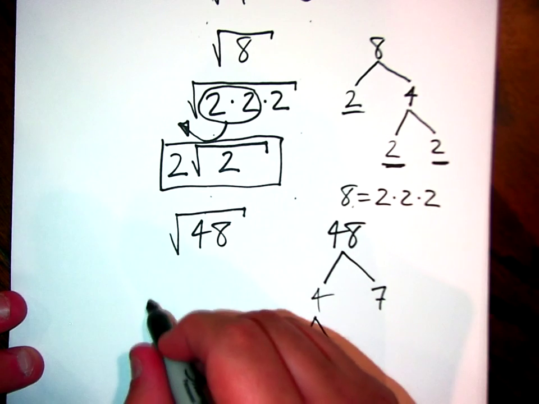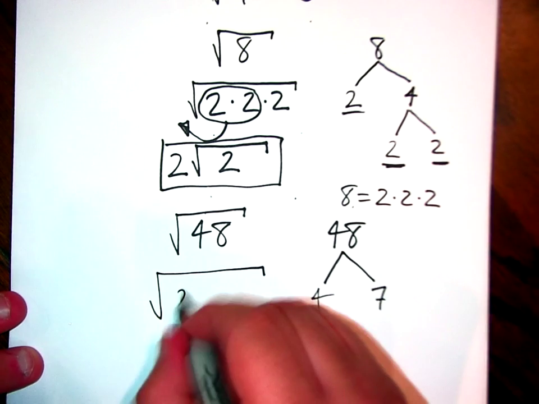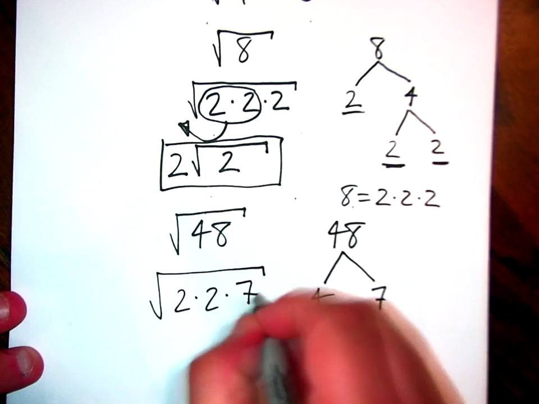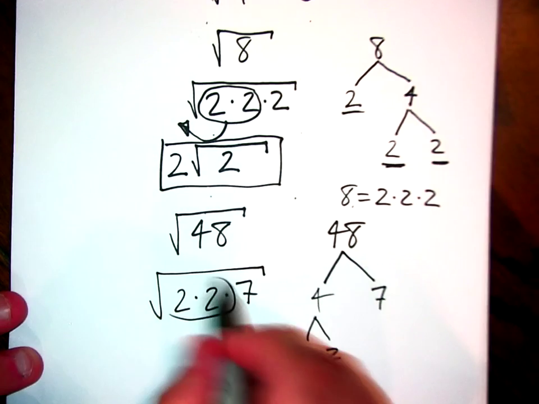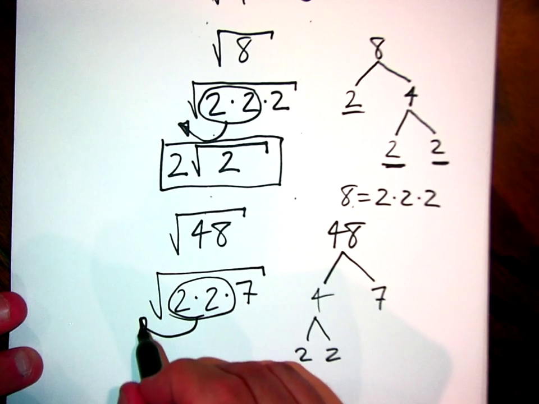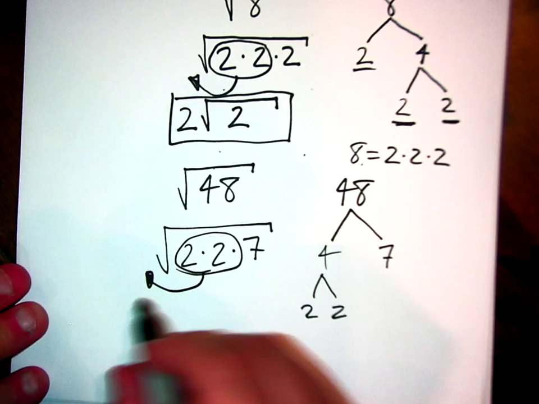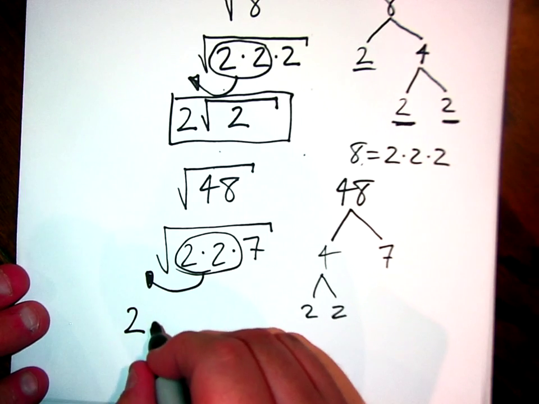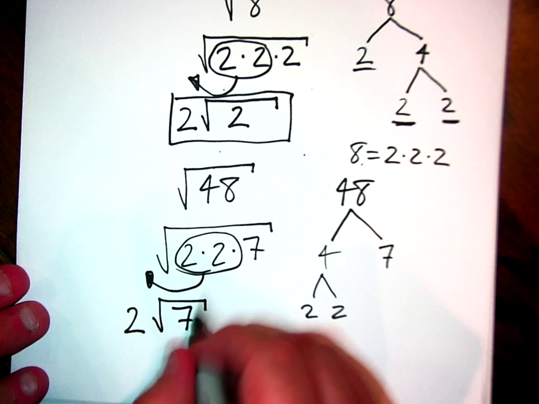So that's going to be 2 times 2 times 7. And we'll see again that our pair is 2, and it's going to come outside. Okay, so that's going to leave us with 2 times the square root of 7. And it's that simple.